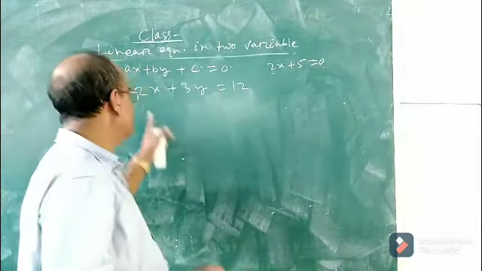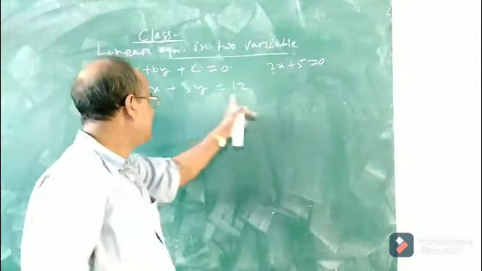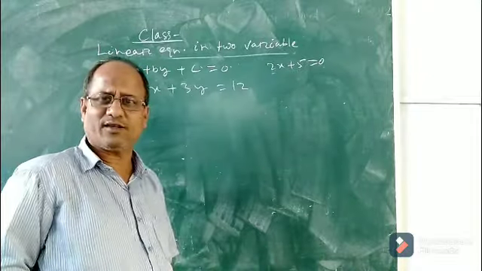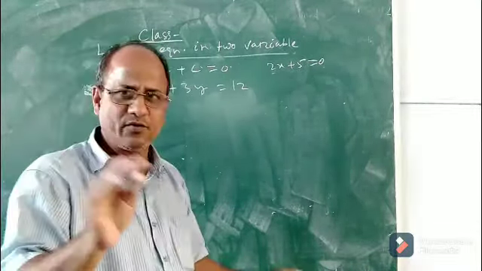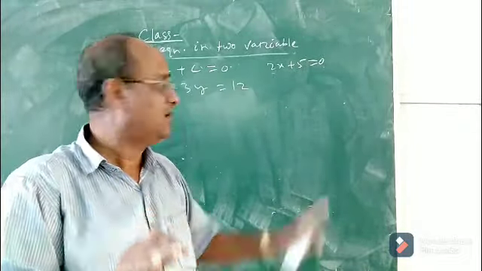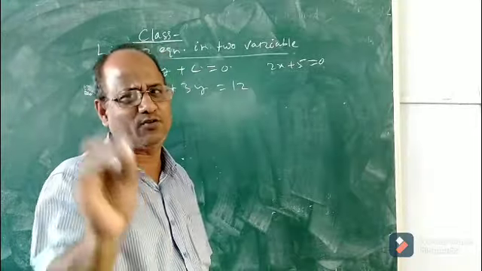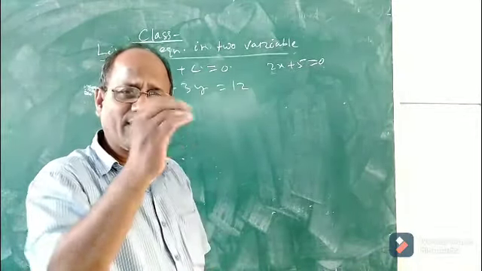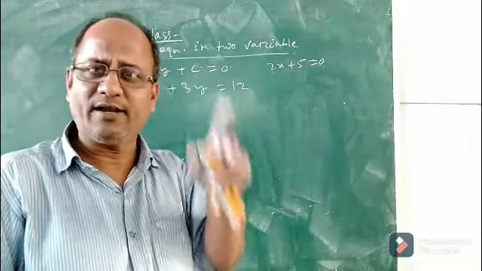Now children, if I ask you how many solutions does this linear equation have, how do we get it? We do not know, we are reading for the first time. In case of a linear equation in one variable, I said it has one solution, you know it from class 6. Let us find out how many solutions a linear equation in two variables will have.